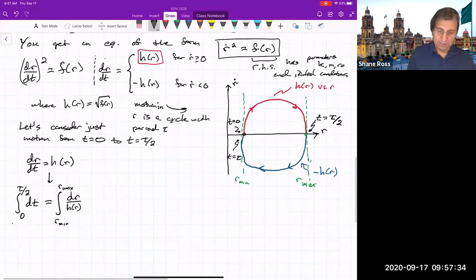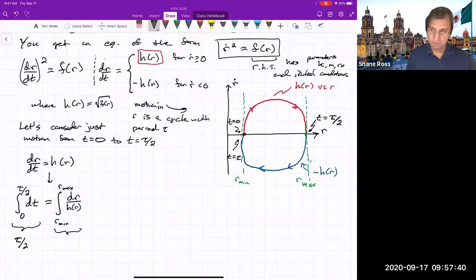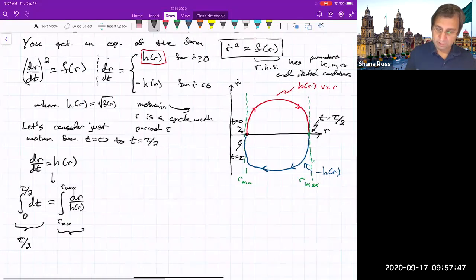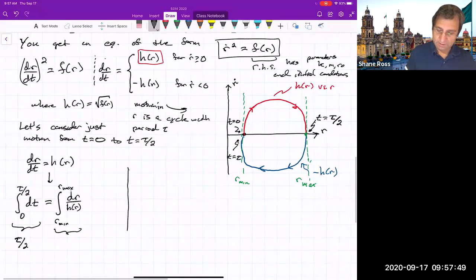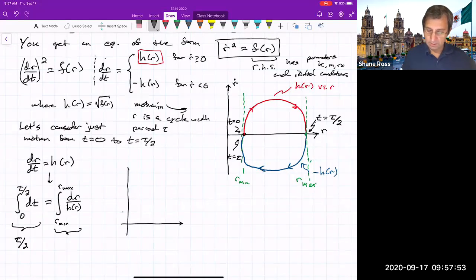You could integrate both sides, right? This will give you tau over 2, so half the cycle, and then this will give you something. If we'd like a little sketch, what we're integrating is, there's going to be the same limits, R min and R max.